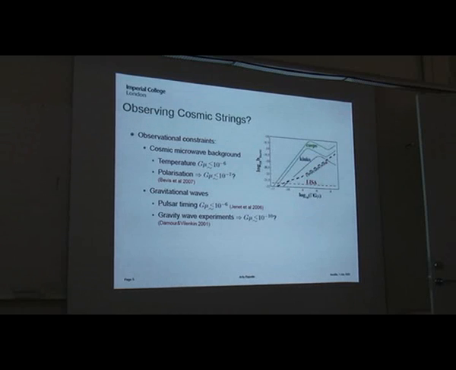Because we have measured the amplitude of perturbations to be roughly 10 to minus 5, and the spectrum isn't what strings would predict, it means that there's an upper bound of roughly 10 to minus 6, because the contribution of strings, if there are any, has to be below the contribution from inflation.